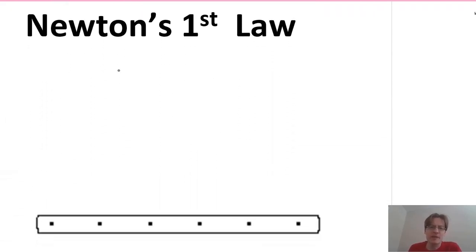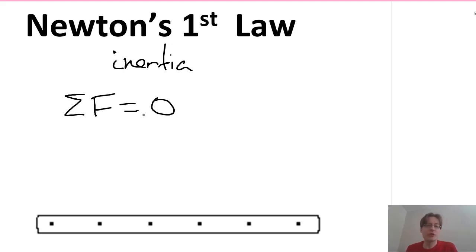Newton's first law again, that's the inertia law. It says that if there's zero force upon an object, either because there just are no forces on it, like it's off in deep space gliding along, or if the forces are balanced, like I'm sliding across ice, then there's no friction.